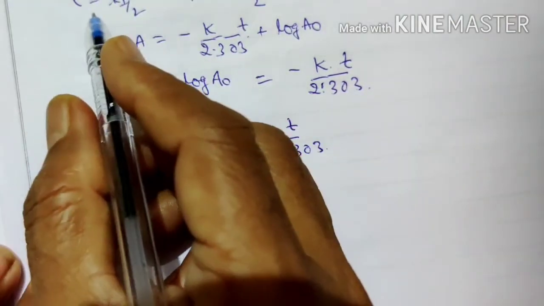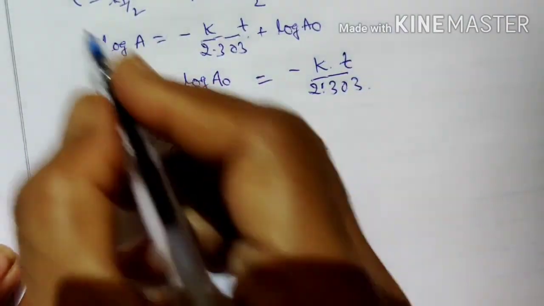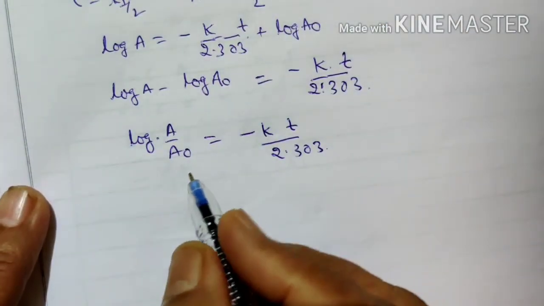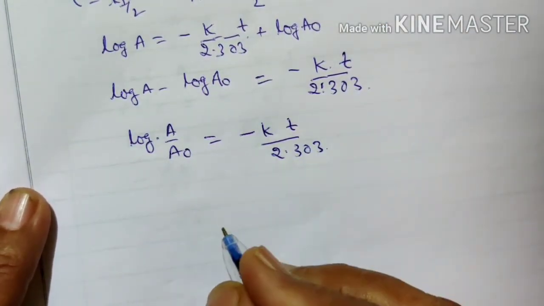for the t half, we can write the value of t after time t, when it is t half.